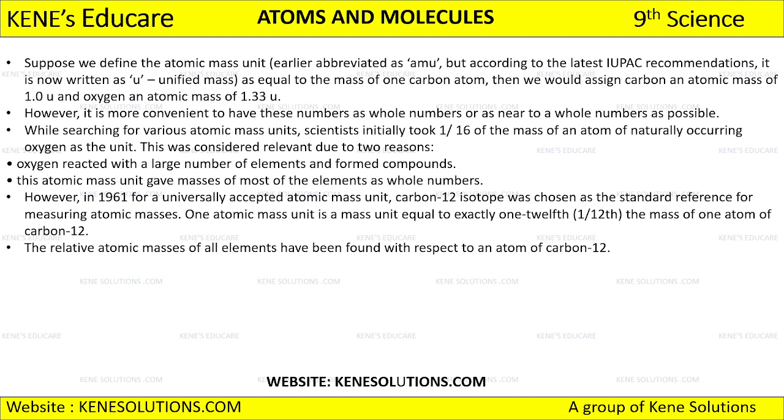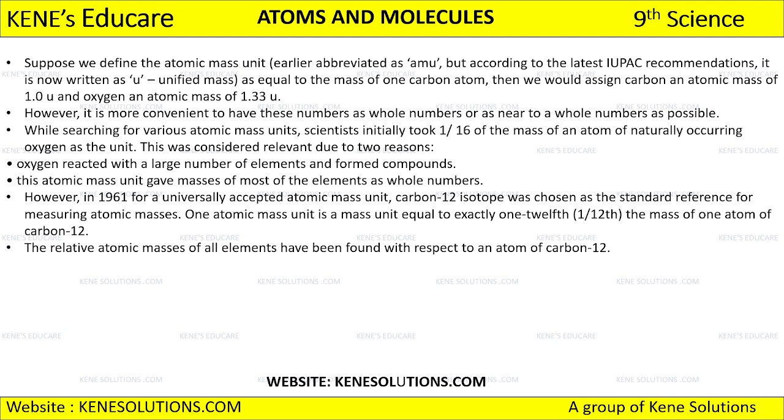For considering this 1 by 16th of the mass of an atom, there were two different reasons. Okay, the reasons are that oxygen reacted with a large number of elements, and because it reacted with a large number of elements, they form compounds.